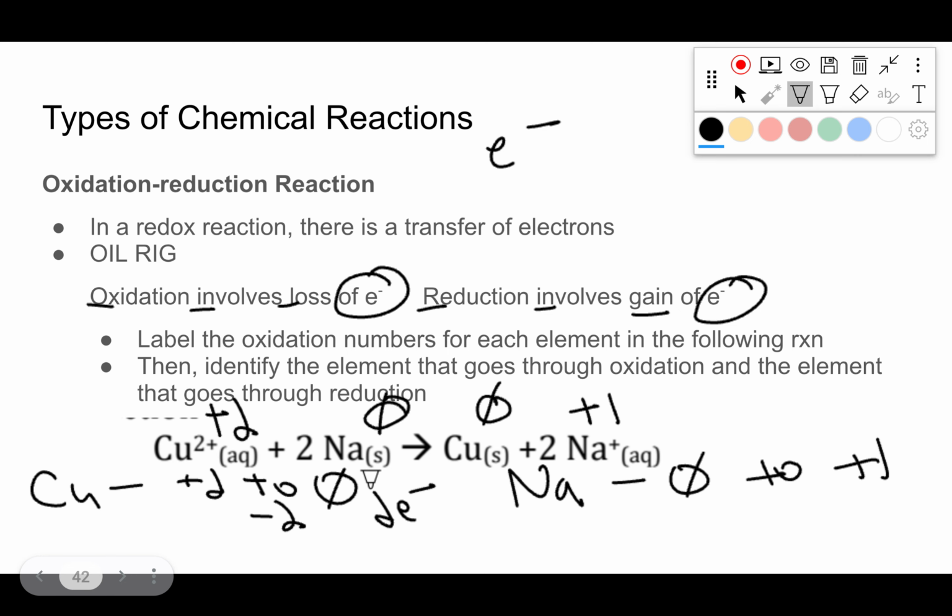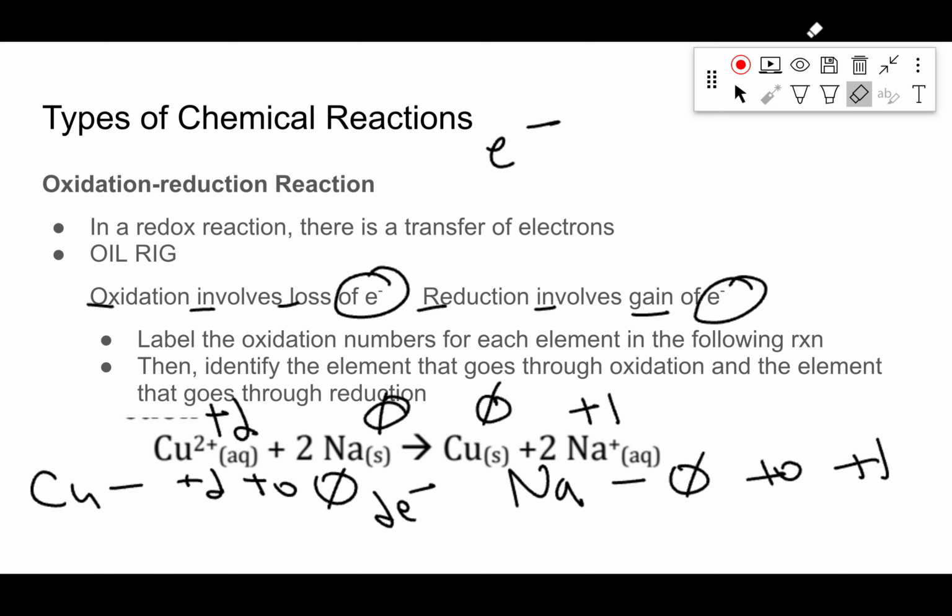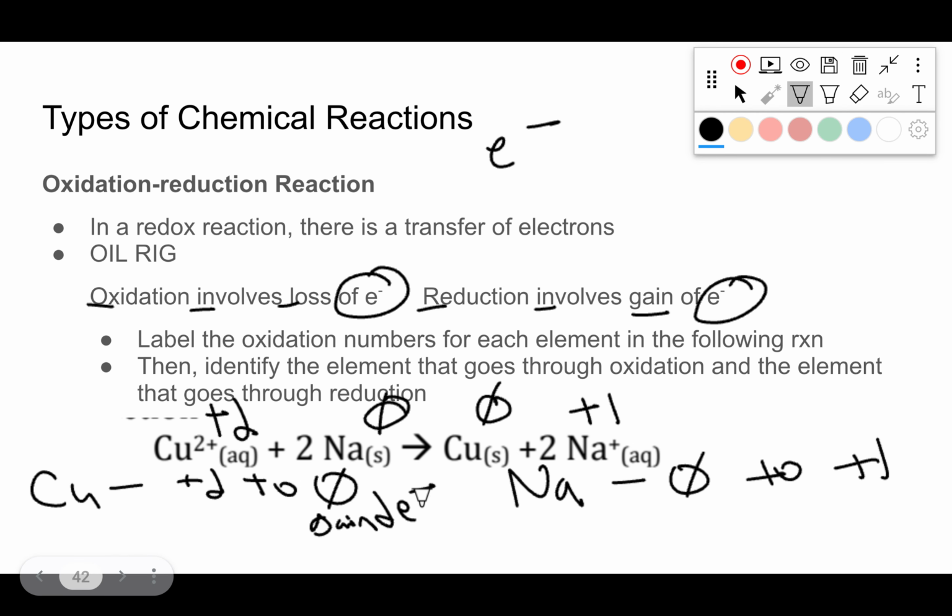So if it gains, reduction involves gain of electrons. Since this gained 2 electrons, copper went through the process of reduction because reduction involves gain.